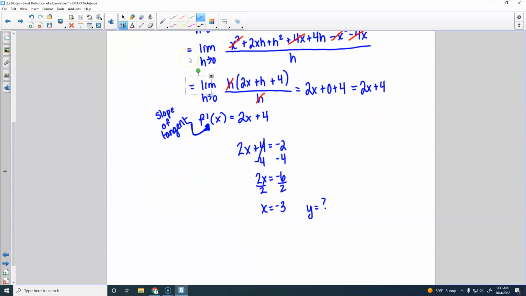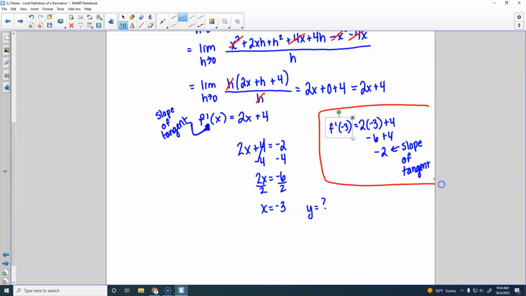If you plug it in here, f prime of negative 3 gives you 2 times negative 3 plus 4, which is negative 6 plus 4, which is negative 2. That is your slope of the tangent, right? The derivative gives you the slope. We already had it because we already knew it was negative 2. You could do this step, but it is unnecessary, right? You don't have to do that because we already had it before.